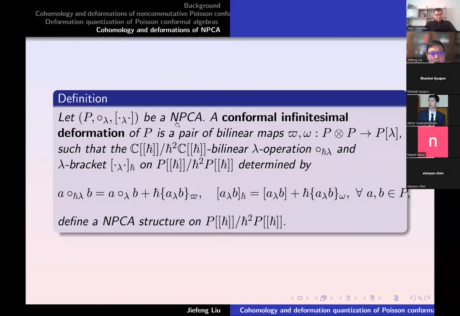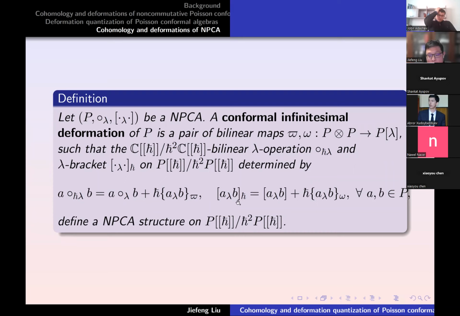Let P be an NPCA. A conformal infinitesimal deformation of P is a pair of bilinear maps (pi, omega) from P tensor P to P[lambda] such that this bilinear lambda operation and lambda bracket on this space determined by the following formula. This is the lambda operation.